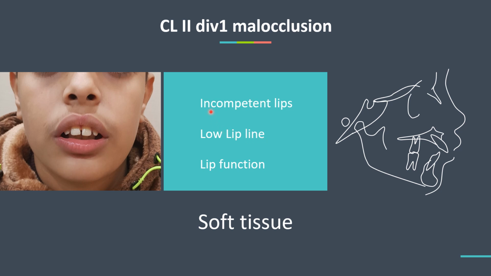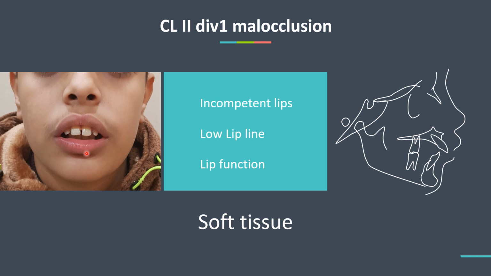When the lips are incompetent due to the skeletal pattern and the low lip line, the lower lip will function either partly behind the upper central incisor or completely behind the upper central incisor.